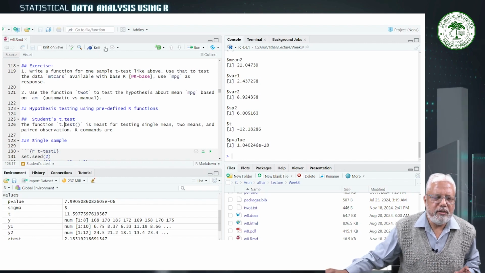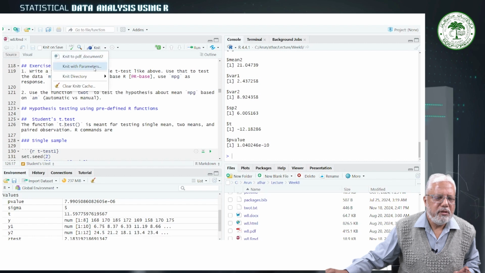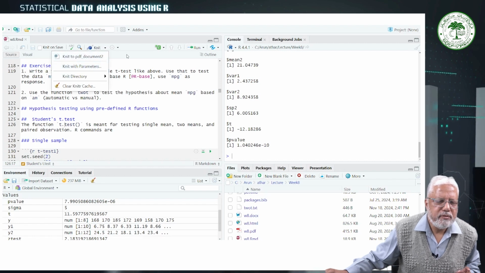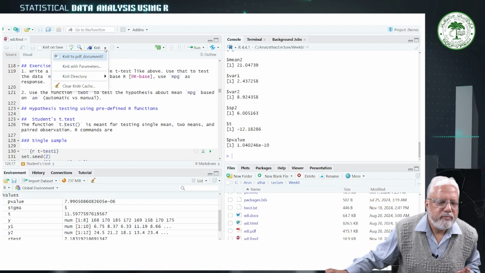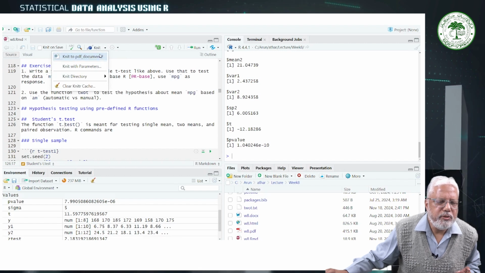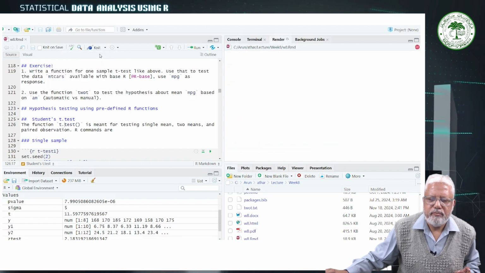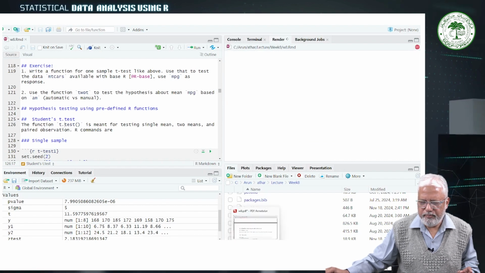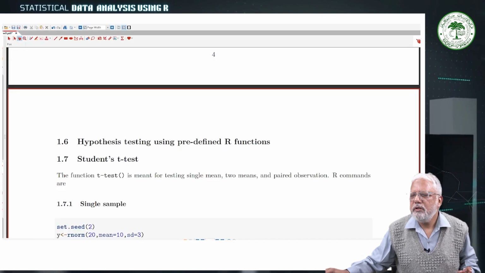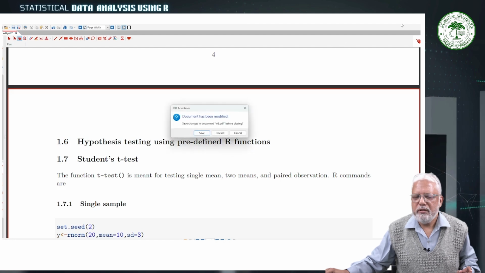Just go to the knit button and knit to PDF. Oh, I should have closed first before running.